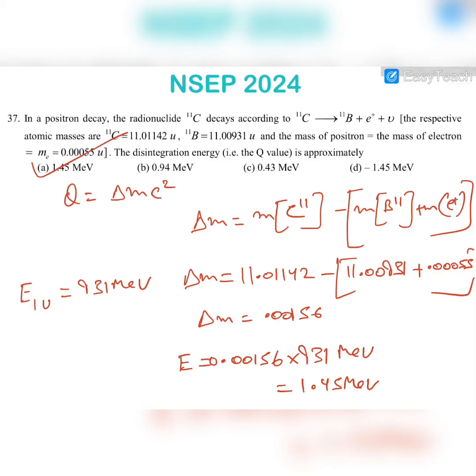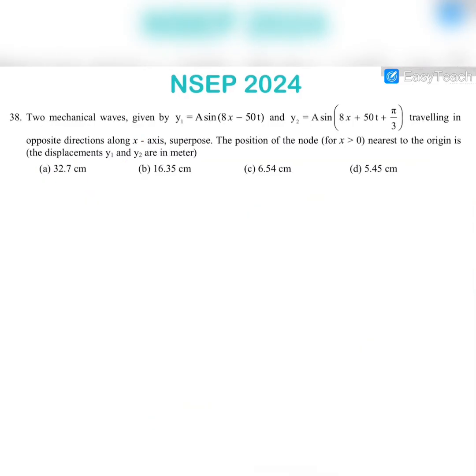Now let us move on to the next question. In this question, you can see that two mechanical waves, y1 is equal to A sin(8x minus 50t), and y2 is equal to A sin(8x plus 50t plus pi by 3), are traveling in opposite directions along the x-axis, and they superimpose on each other.